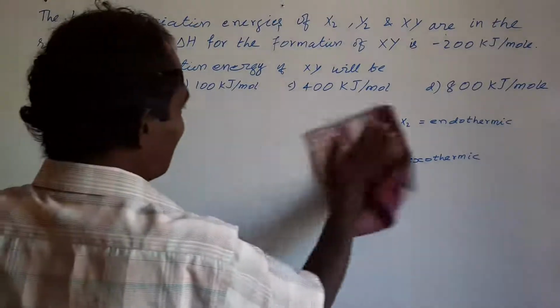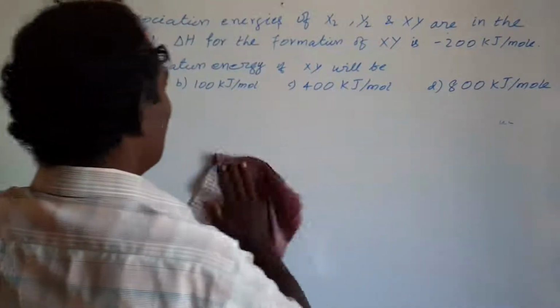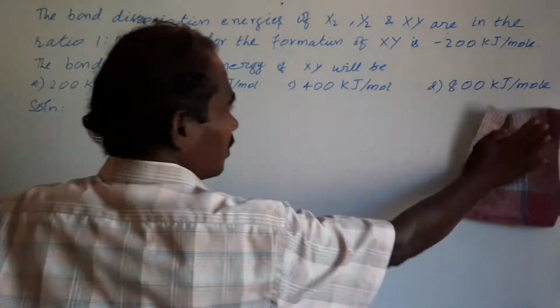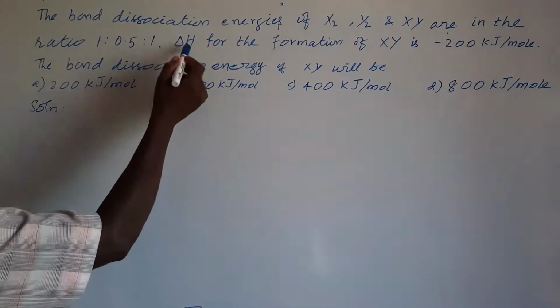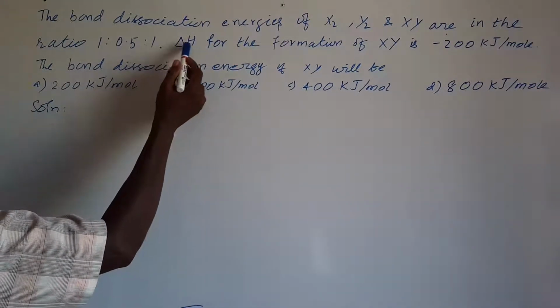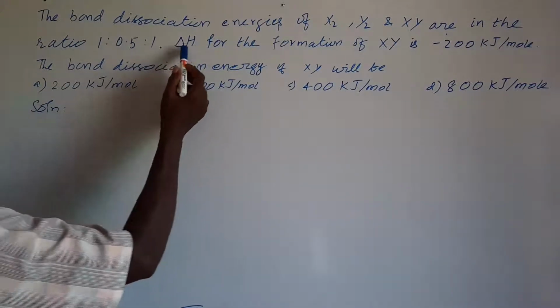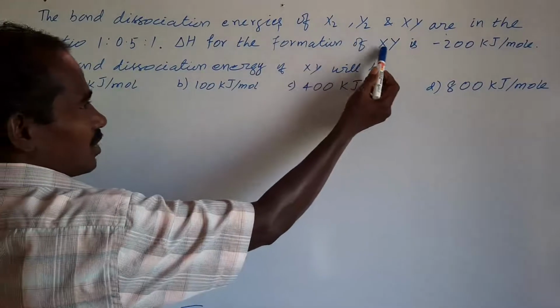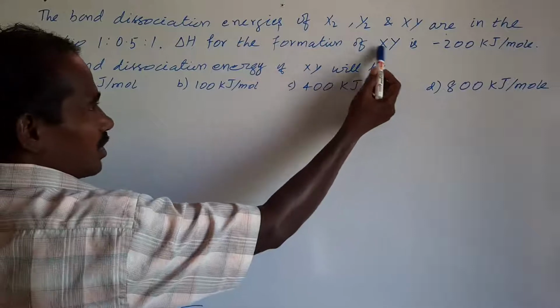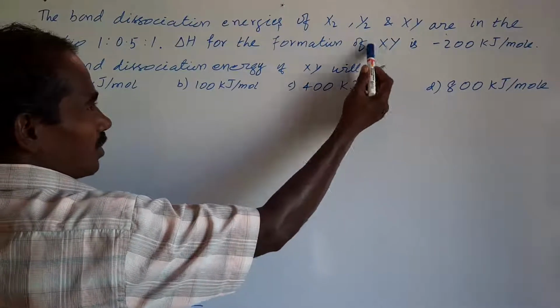In the second line it is given delta H for the formation of XY. Delta H is called enthalpy change or enthalpy of reaction for the formation of XY. Formation of what? XY. What is produced? XY is produced. XY is formed.